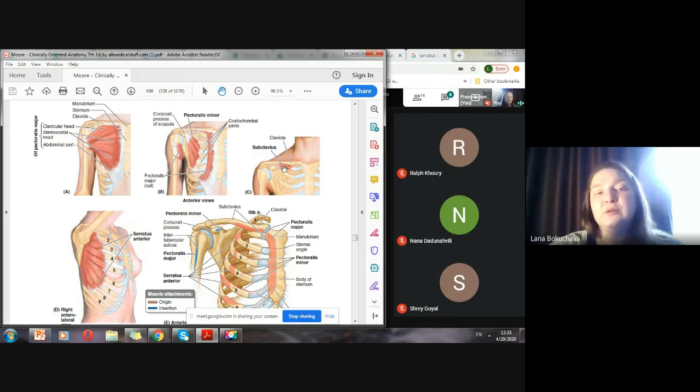For example, here we have a part of the axillary artery which passes posterior to it, and this axillary artery gives rise to the blood supply of the axilla itself, as well as the scapula and the muscles which are surrounding the scapula, which we'll also talk about today. So that's how it looks.